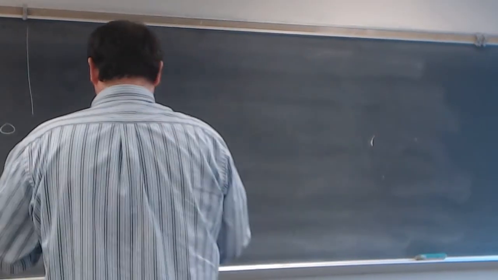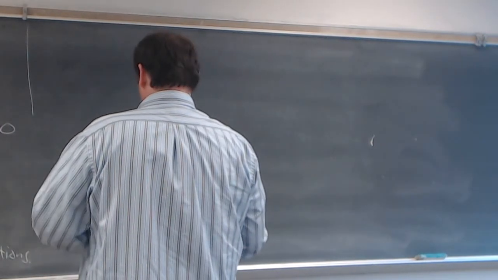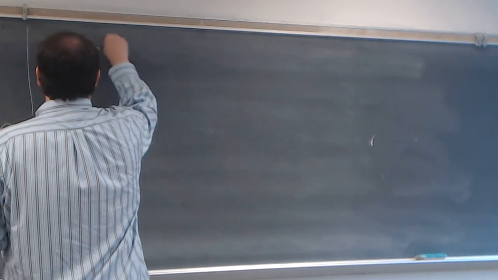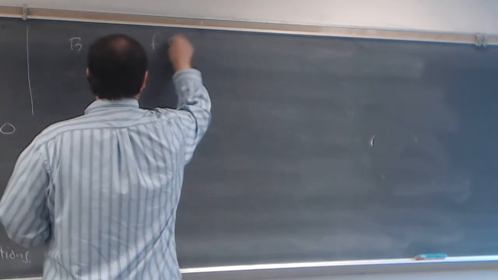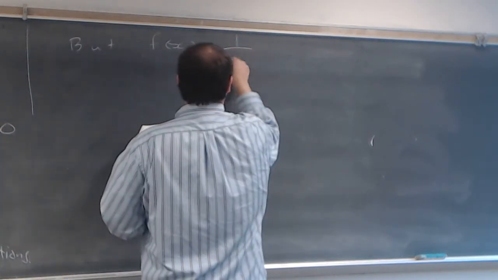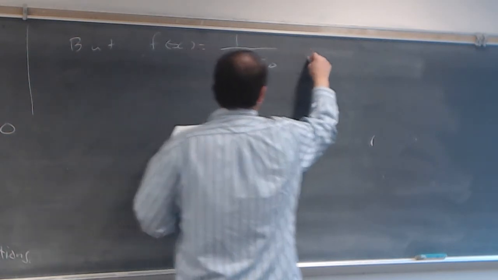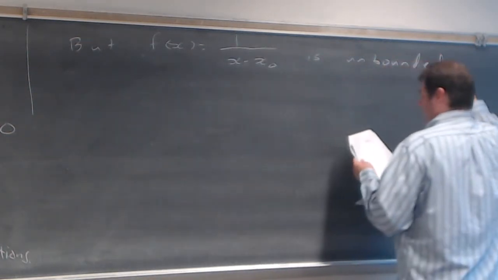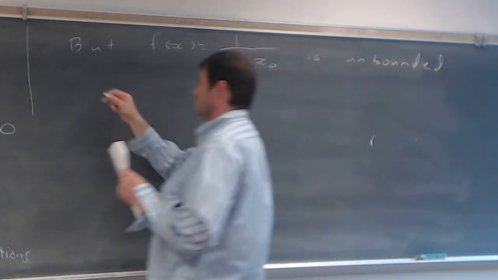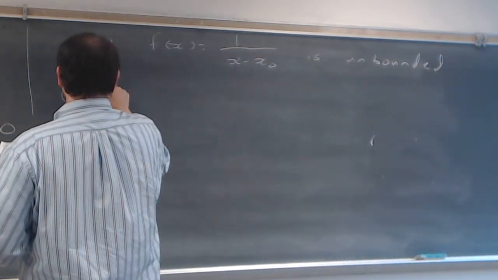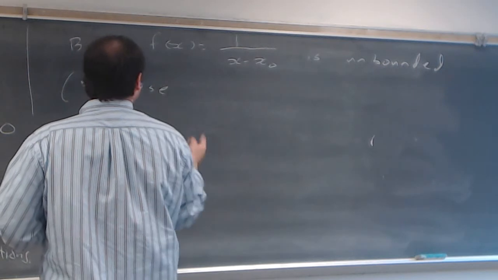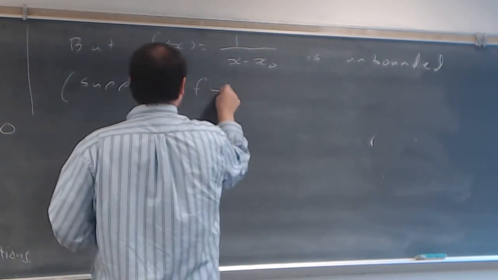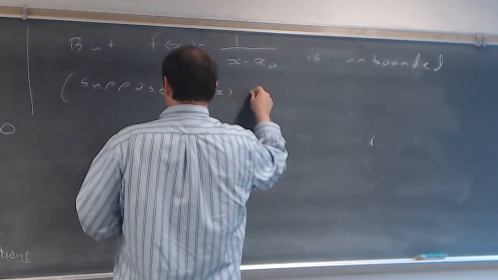Now we'd like to show that this is unbounded, as I said. So let me just say, f of x equals 1 over x minus x naught is unbounded, and here's the reason for that. I'll put this in parentheses. It is proved by contradiction. Suppose f of x is bounded.